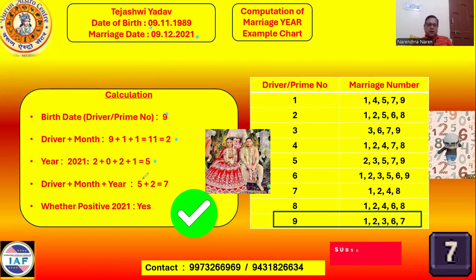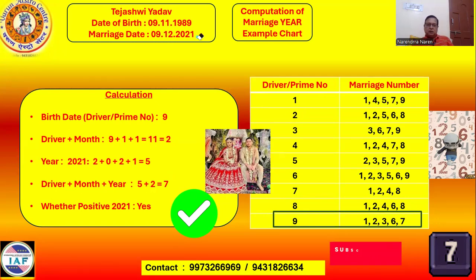We are adding together this 5 plus 2, and we are getting 7. Since his prime number is 9, we go here, and we see that this 7 is available here. What does it mean? This formula also holds good here, isn't it? So again the formula is confirming its correctness and effectiveness.